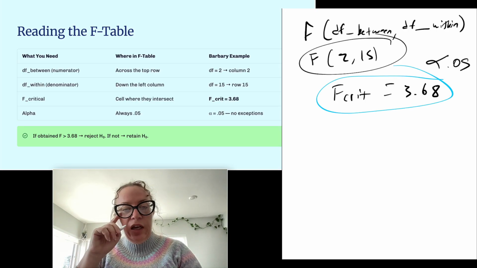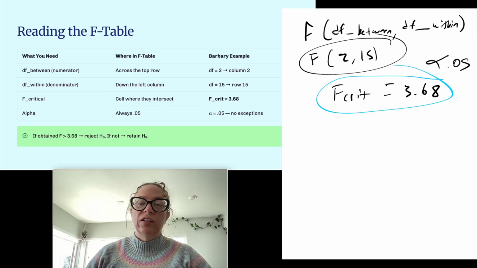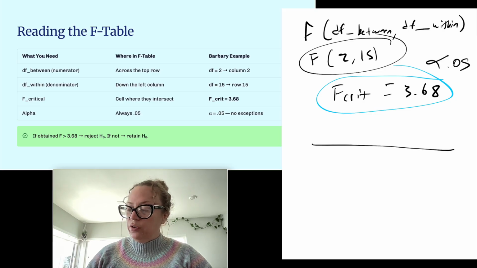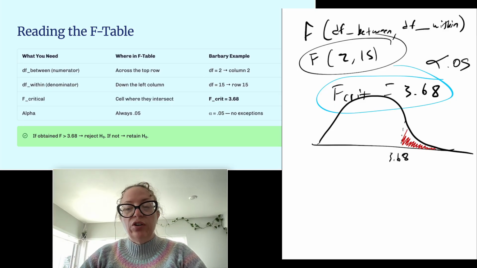If our obtained F exceeds 3.68, that's in the rejection region, okay? So if you draw your distribution, 3.68 is the beginning of the rejection region. So if our F value is above that in the rejection region, then that means we're going to reject the null hypothesis.